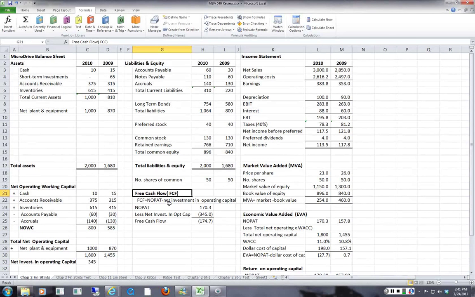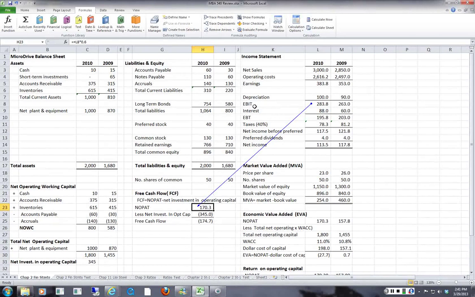And free cash flow is determined as net operating profit after taxes minus the net investment in operating capital. So NOPAT is going to be $170, and how that's calculated, we go up here in the income statement and we take $283.8, which is earnings before interest and taxes, and we're going to multiply it by 0.6, which is the after-tax factor.